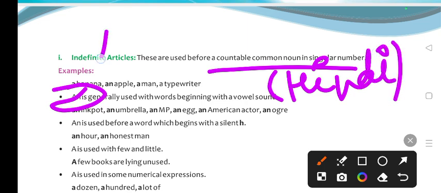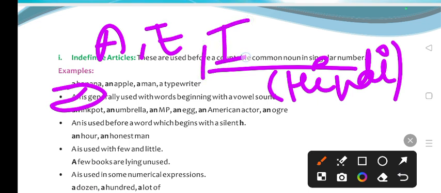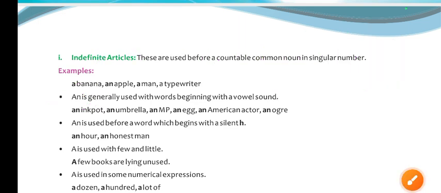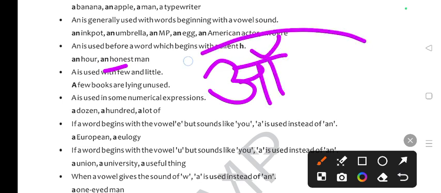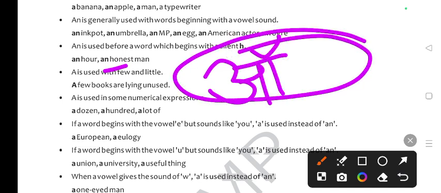We know that English vowels are limited: A, E, I, O, U. But here we use an according to the vowel sound. For example, here H is written and you must be thinking H is not a vowel, right? But see the pronunciation, we pronounce this as honest. So O is a vowel sound, so we'll put an here. Understood?